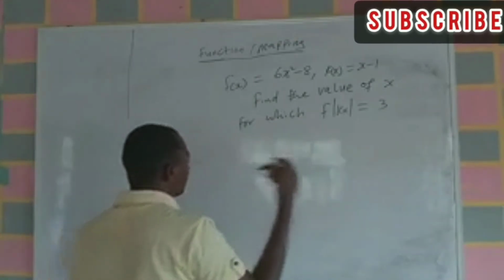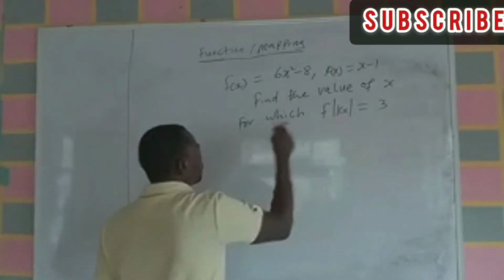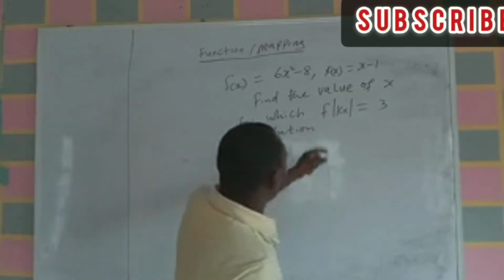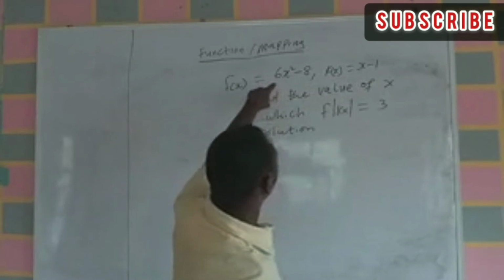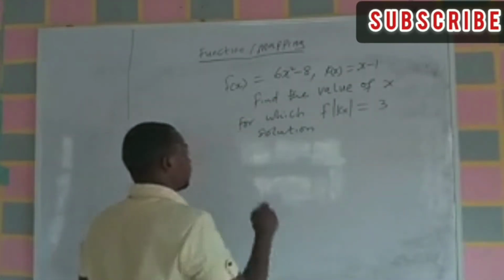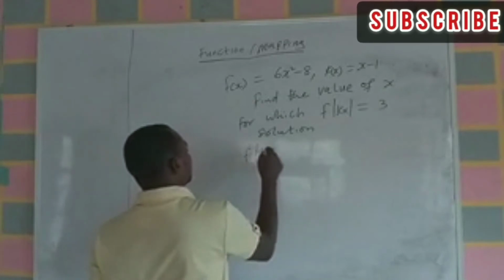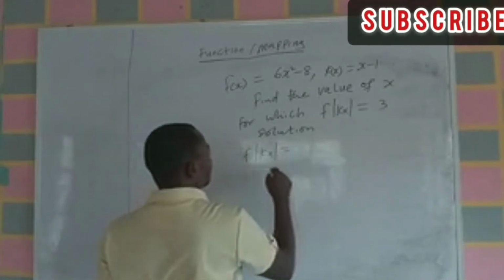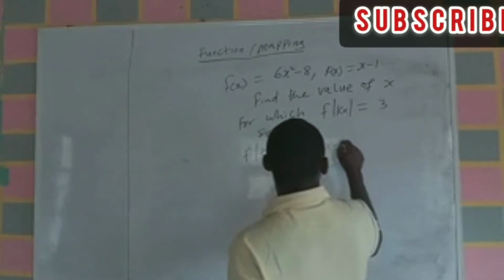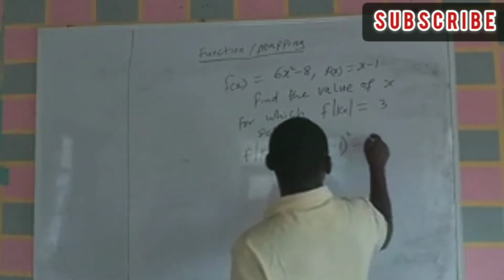So, just carry out the solution. Carry s minus 1 and substitute it for s here, so that we can get f of k of s. So we have f of k of s equals 6 into s minus 1 all squared minus 8.